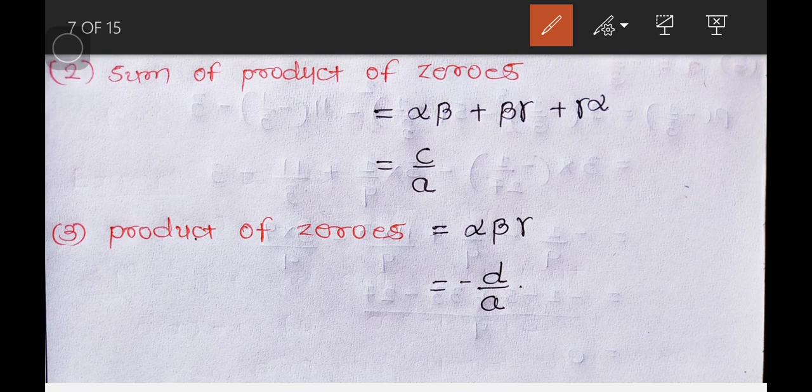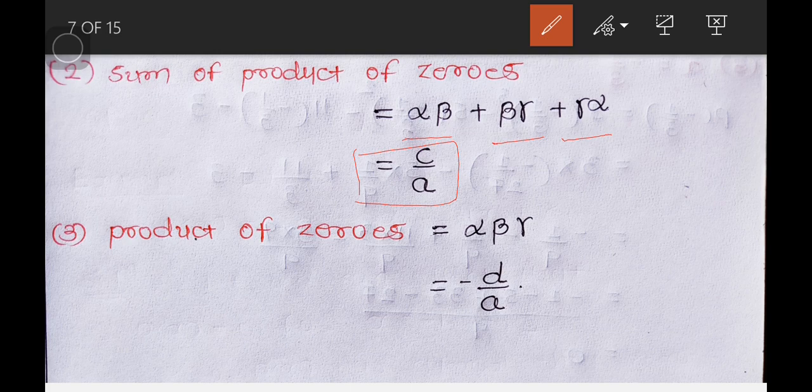So the sum of product of zeros we can take as alpha beta, beta gamma, and gamma alpha, and we add them. So we get c by a. Here we know that c is the coefficient of x and a is the coefficient of x cube.